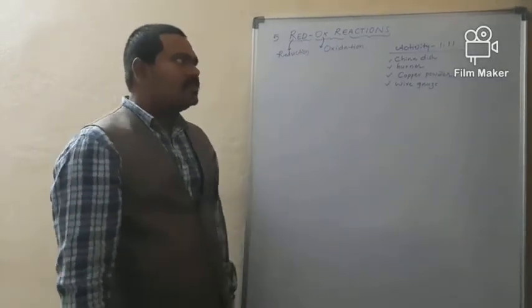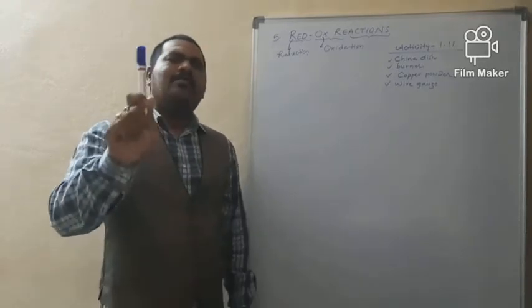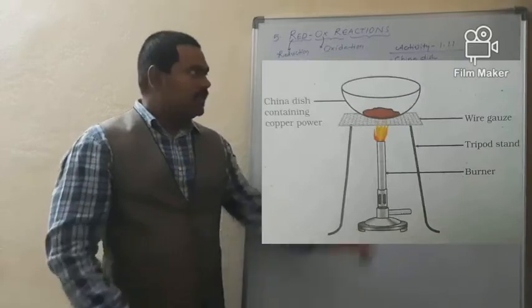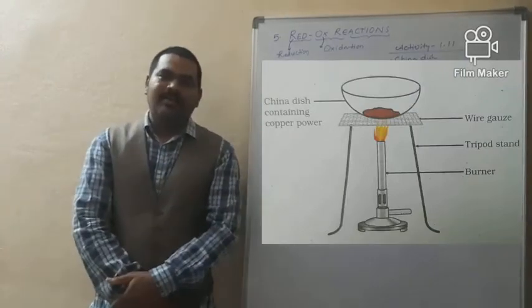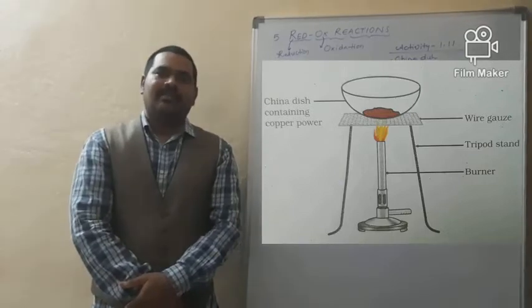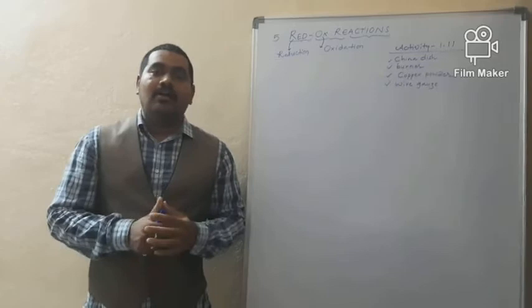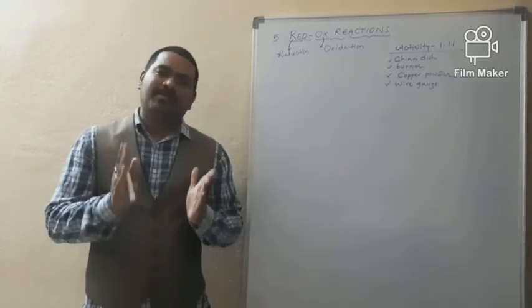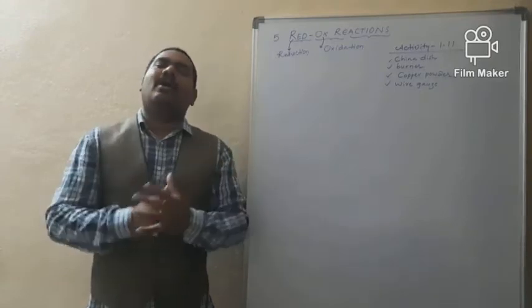Now let us take about 1 gram of copper powder in this China dish, and slowly heat that China dish on the low flame of the Bunsen burner with the help of wire gauze.